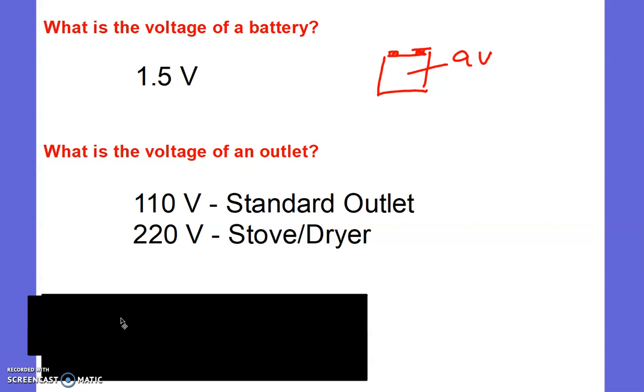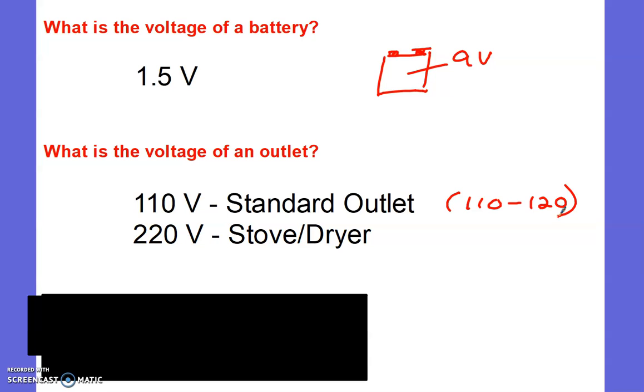Now this voltage is not always the same. It does fluctuate as supply and demand occurs, and as the power plants produce more or less electricity to try and keep it within a range of about 110 to 120 volts. So again, they try and keep it within a certain range.